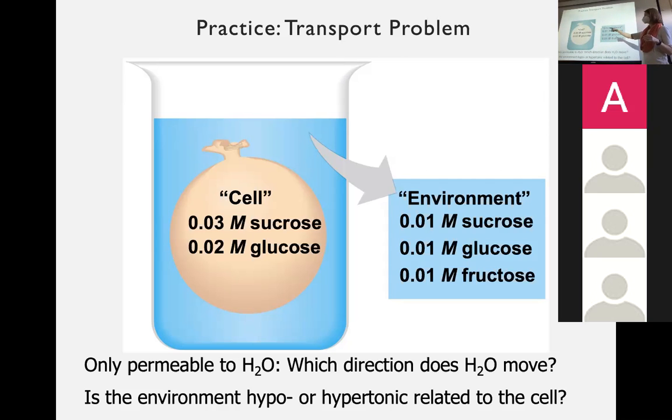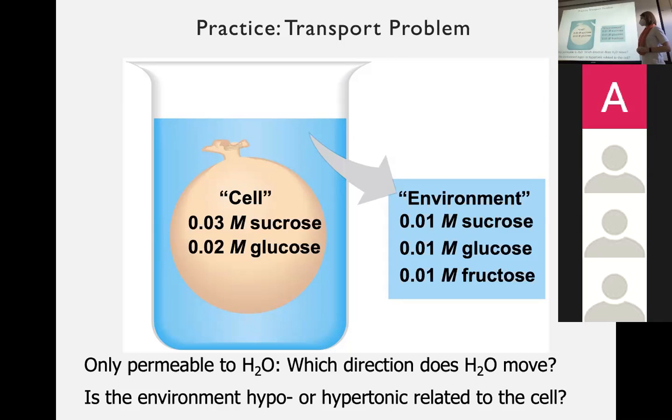So none of these, the sucrose, glucose, fructose, are moving; they're staying where they are, either outside the cell at these concentrations, or inside the cell at this concentration. And if you don't know what M is, it's just a unit of concentration. So 0.03 molar sucrose just means there's 0.03 units of solute. Just think of it that way.